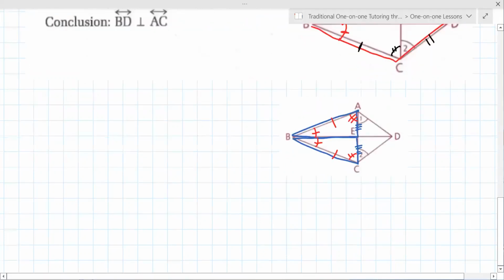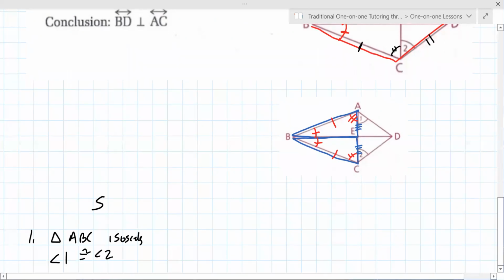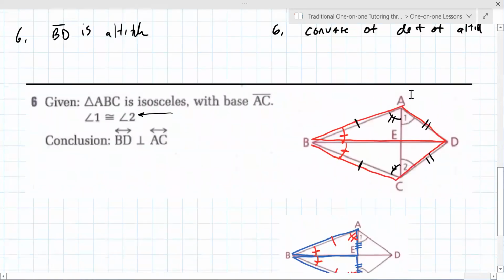So we'll start with all the givens. Statement: we have triangle ABC, isosceles, and angle 1 congruent to angle 2, and that's the given. The first thing we will prove is that these upper triangles are congruent.